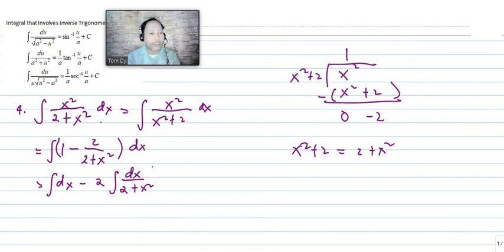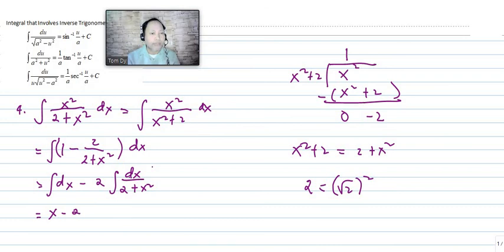And then for this one, now we can make use of du over a squared plus u squared. Our u here is x. The derivative of x equals dx. Therefore, we can use this formula. Our a here is the square root of 2. Take note, 2 is equivalent to the square root of 2 squared, because this is a squared. So the integral of dx equals x minus 2.